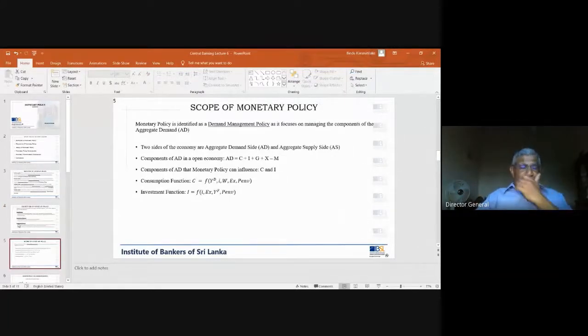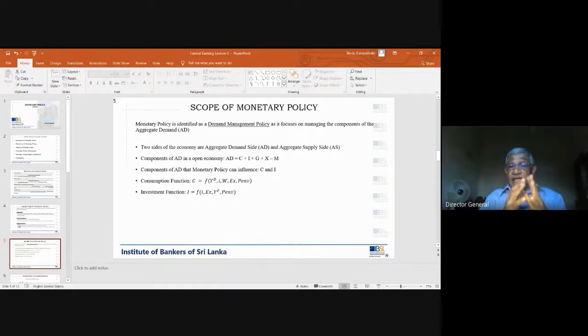Scope of monetary policy. Now, I said the central bank is trying to create price stability, which means a stable, predictable rate of inflation, so that people, as consumers, producers, or investors, can have some idea about the possible prices to prevail in the future.